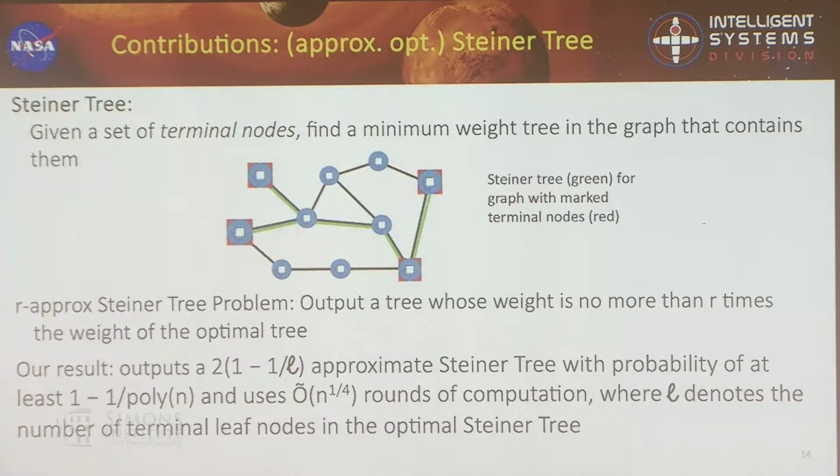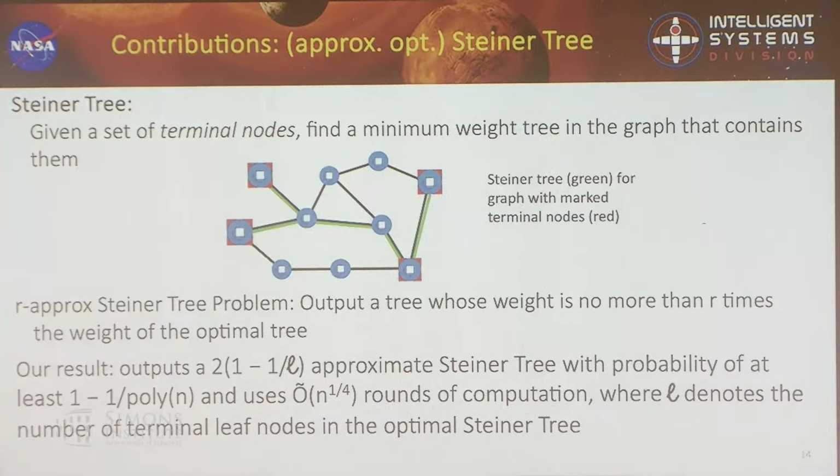And in the Steiner tree problem, you have a set of terminal nodes, and you want to find a minimum weight tree in the graph that contains those Steiner nodes. And our approximate Steiner tree is one whose total weight is no more than r times the weight of the optimal tree.